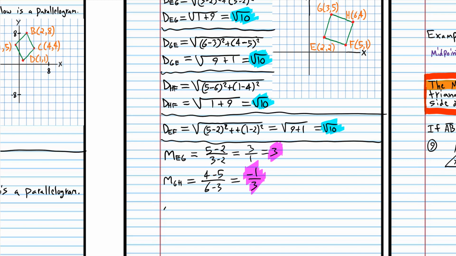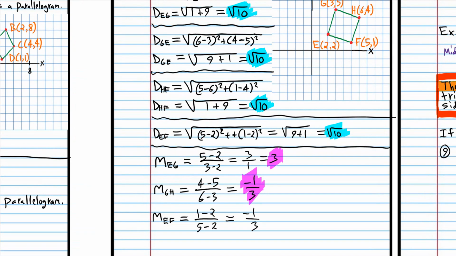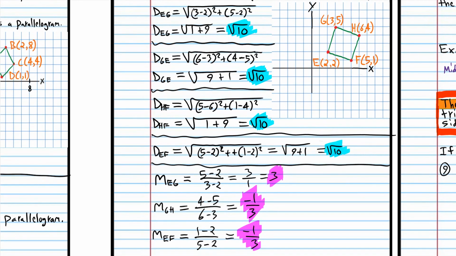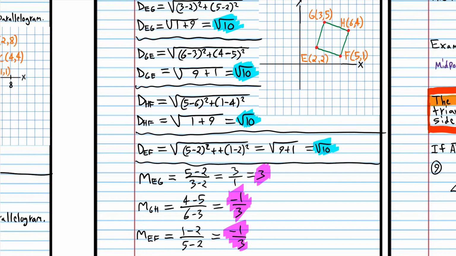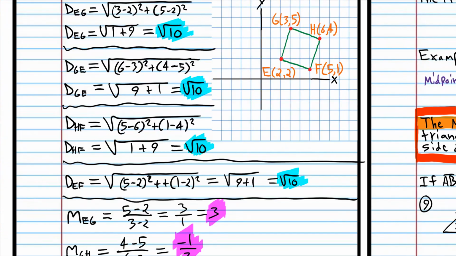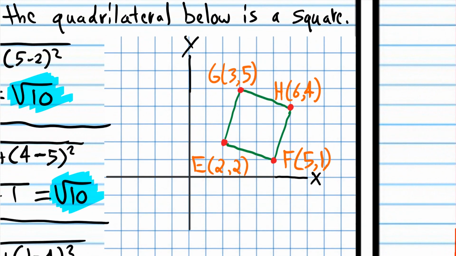Now we just have to find the other slopes. 3, negative 1/3. So now we've shown that this angle is 90 and this angle is 90. We just have to find one more slope to show that this angle is 90 and this angle is 90.